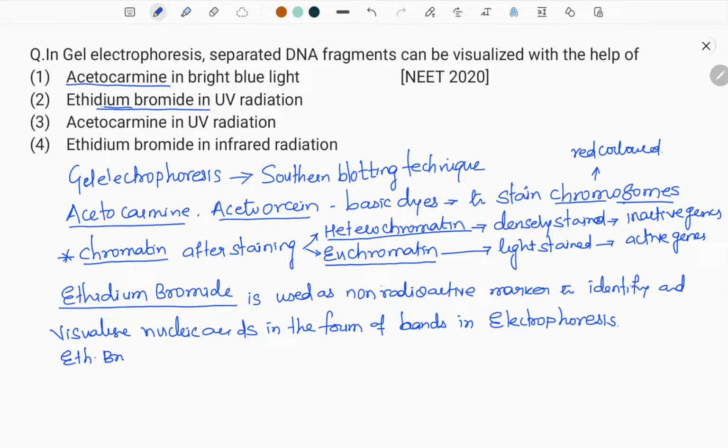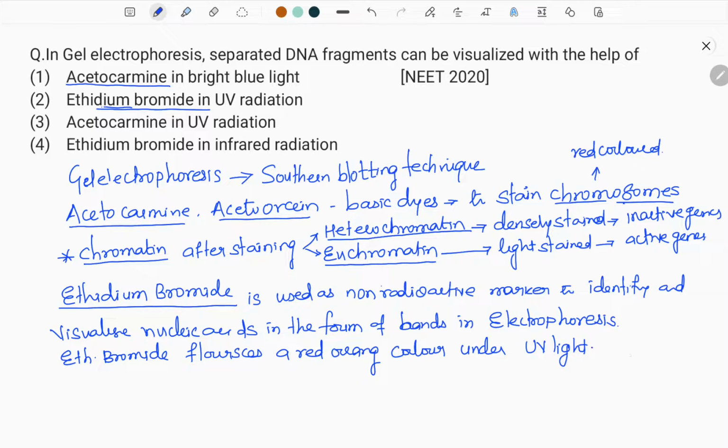Ethidium bromide fluoresces, which means it provides a red-orange fluorescent color under UV light, that is ultraviolet light.